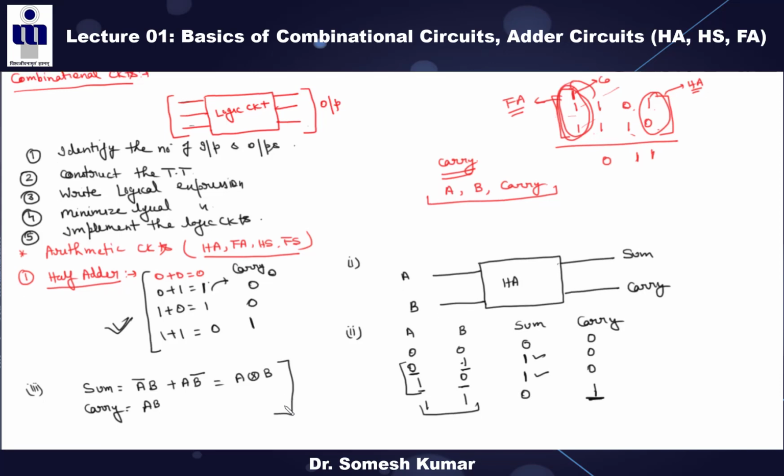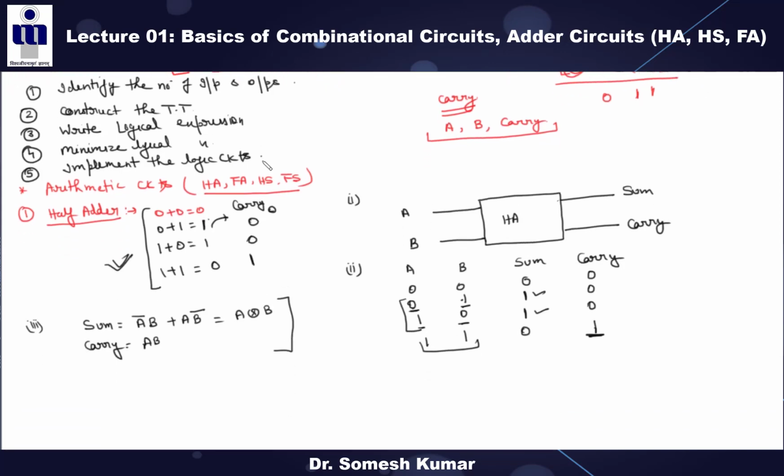What is the next step? The final step is you have to implement the logic circuit, right? So the logic circuit for the half adder is, you know, the XOR gate. This is your XOR gate and it has two inputs as per our logical expression, right?